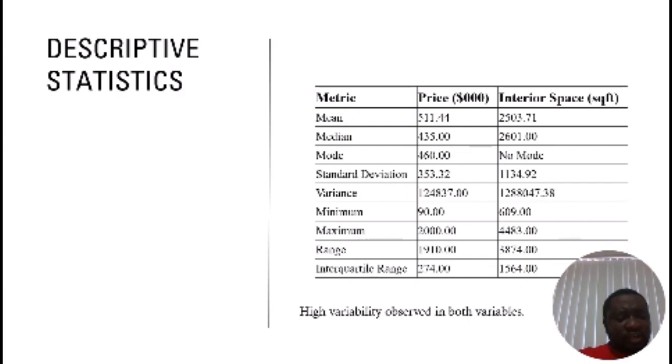We try to use some metrics to quantify the housing units using the mean, the median, the mode, the standard deviation, the variance, the minimum, the maximum, the range, and the interquartile range.